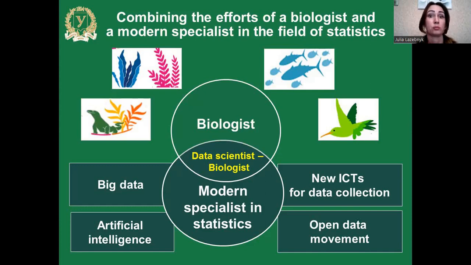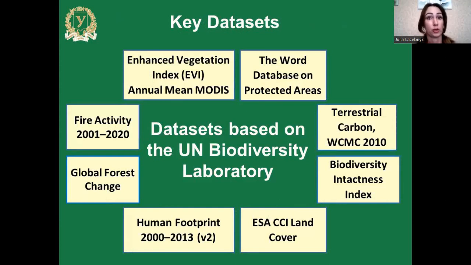The data revolution, which includes the open data movement, new ICTs for data collection, and the availability of big data, together with the emergence of artificial intelligence, has led to a radical transformation of society. Real-time mobile population positioning data and high-frequency satellite data are just main examples of big data that can be used to monitor the achievement of SDG 15. This leads directly to our next point.